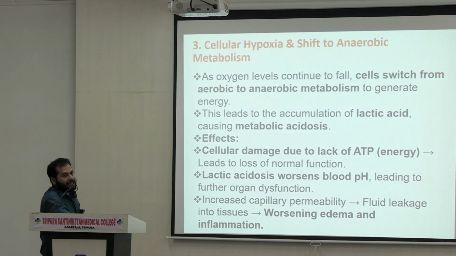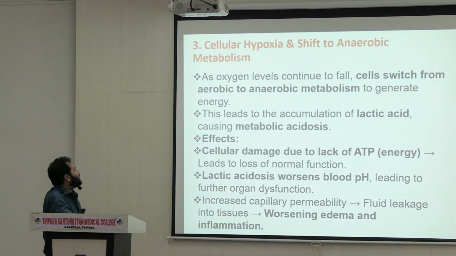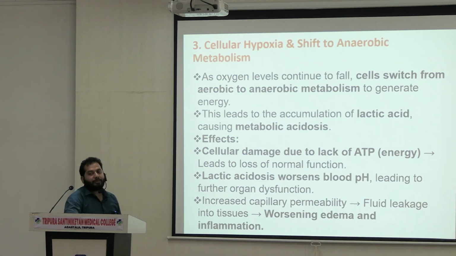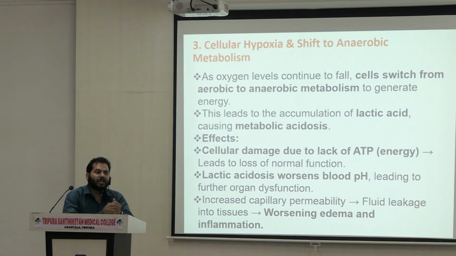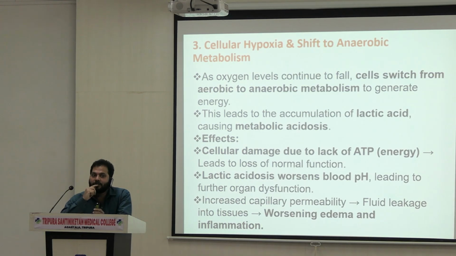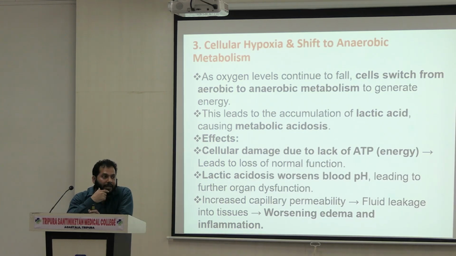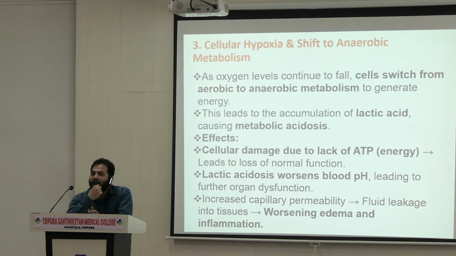Another important thing in this particular case is the shift to anaerobic metabolism. I also mentioned this. It is shifted to anaerobic metabolism when there is less inhalation of oxygen, less supply of oxygen.